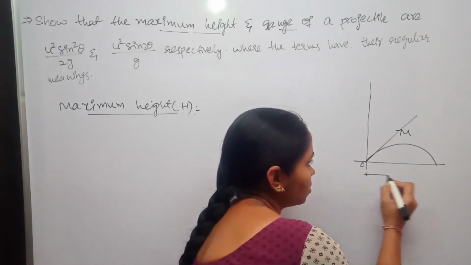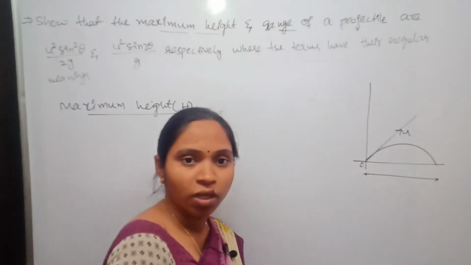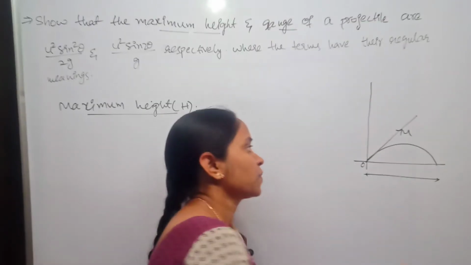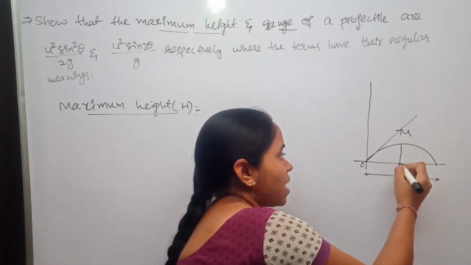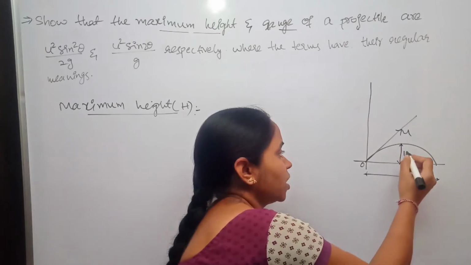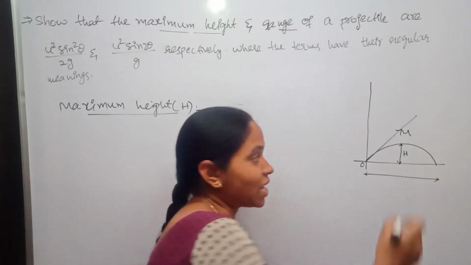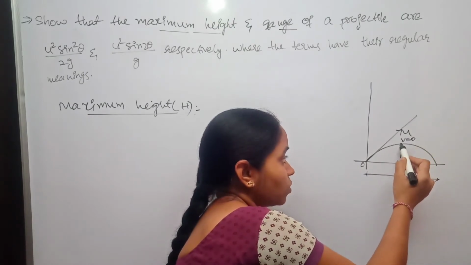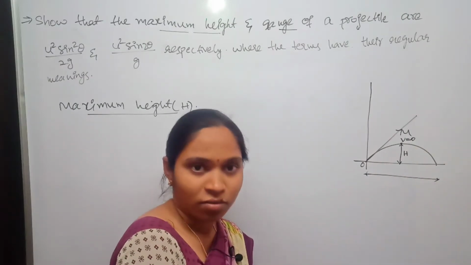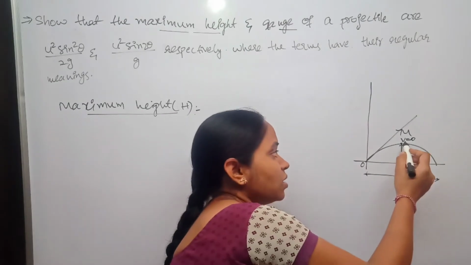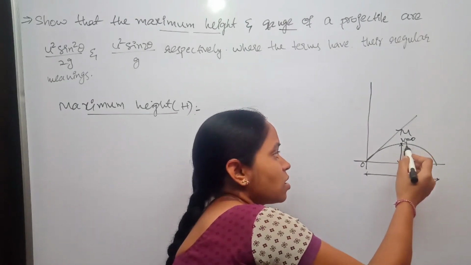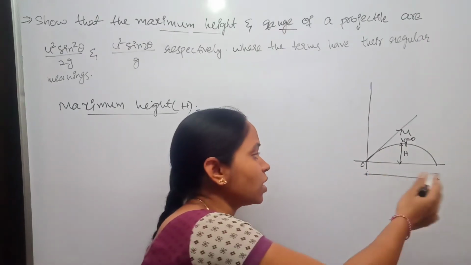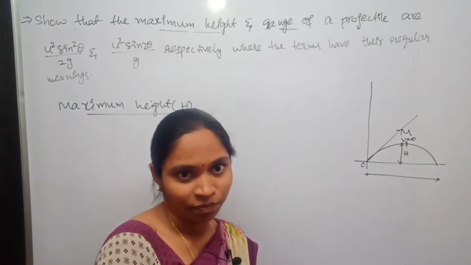If this is the displacement of the projected object along horizontal direction, and this will be the maximum height of the object, and at maximum height the velocity will be equal to 0. The velocity will be equal to 0, and this velocity is along the vertical direction, not along horizontal direction.